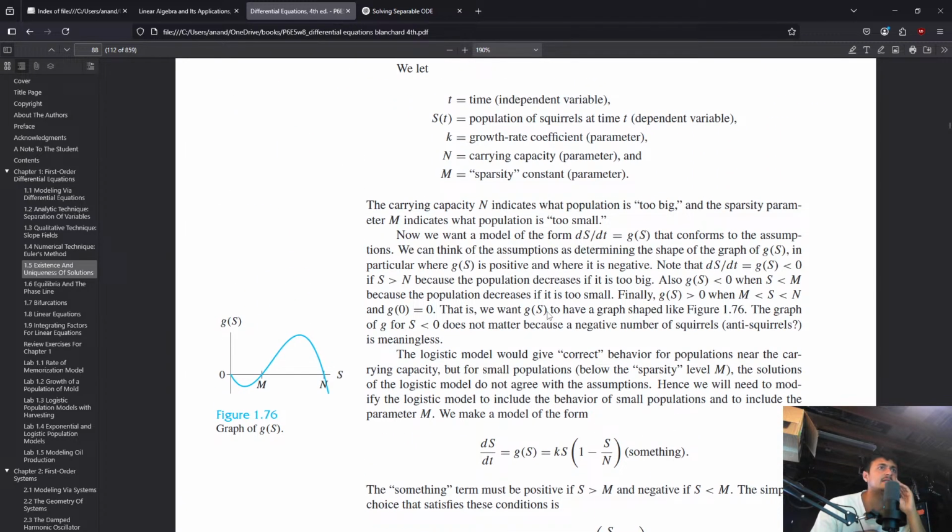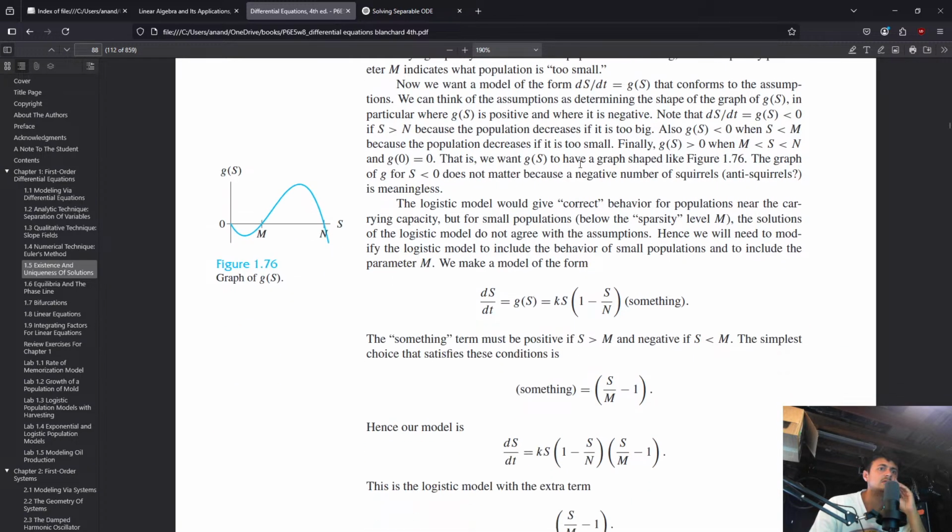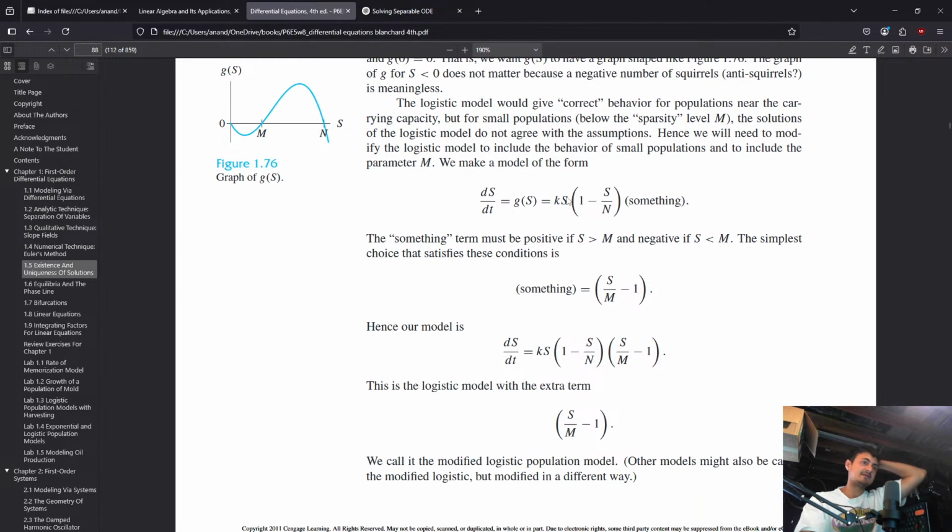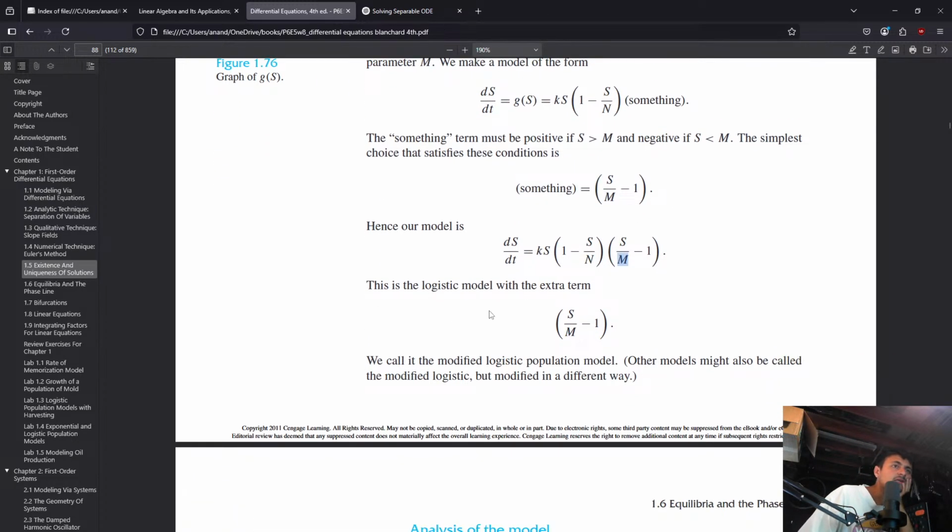So n is the carrying capacity. Okay, cool, so I did it right. That's correct, because this is the carrying capacity. So this is my alpha, and then this is my beta.